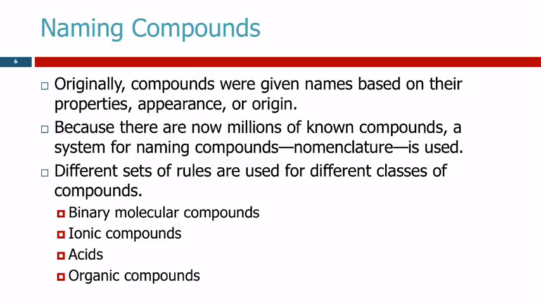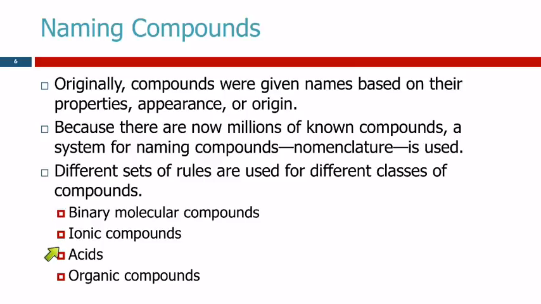There are different categories of compounds, and because of the differences between those categories, different sets of nomenclature rules are appropriate for them. So these are 4 broad categories of different compounds. We have binary molecular compounds, we have ionic compounds, there are acids, and organic compounds.